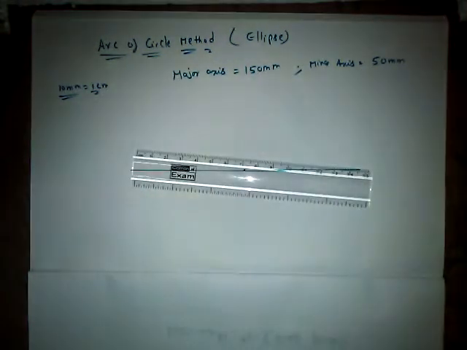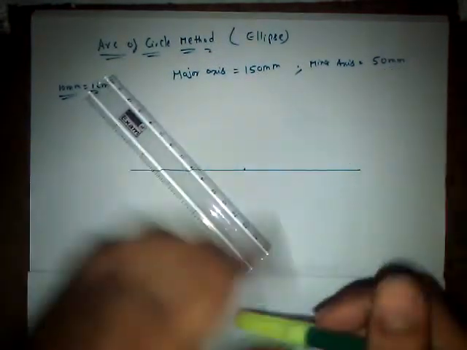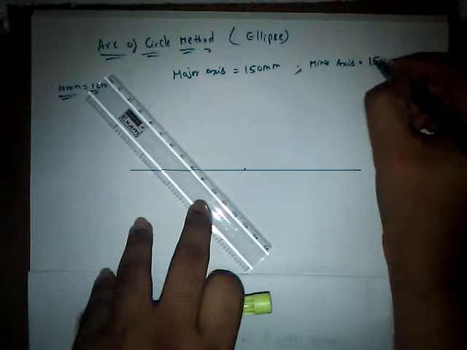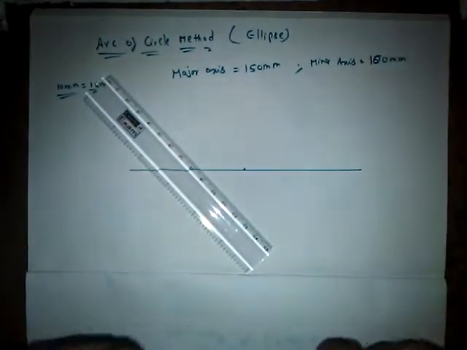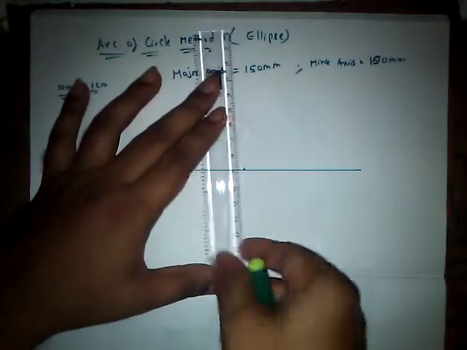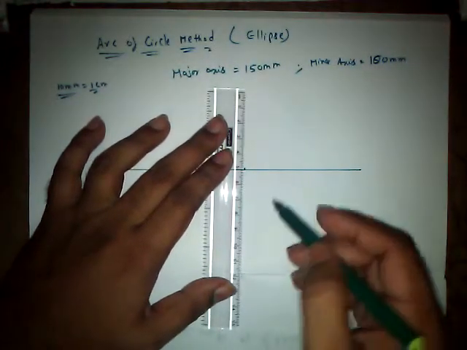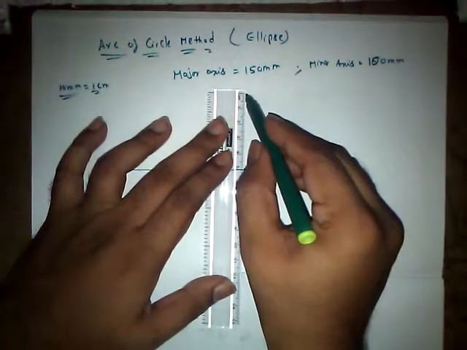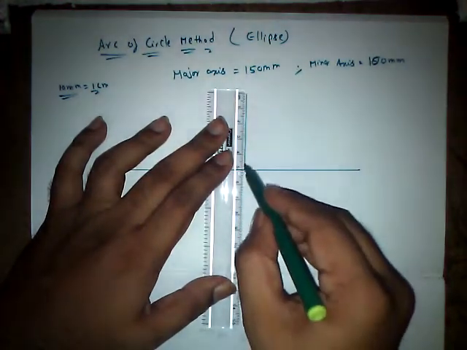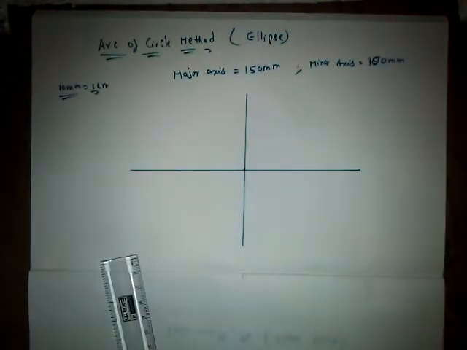Now we shall draw the minor axis, which is about 100 mm. 100 mm in the sense 5 cm to the top and 5 cm to the bottom. So this is our minor axis. So we finally got the major axis and the minor axis.